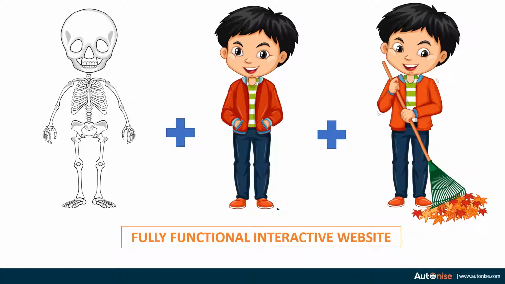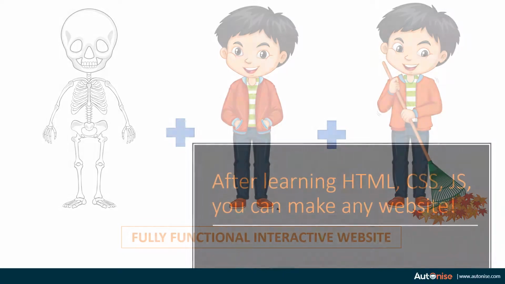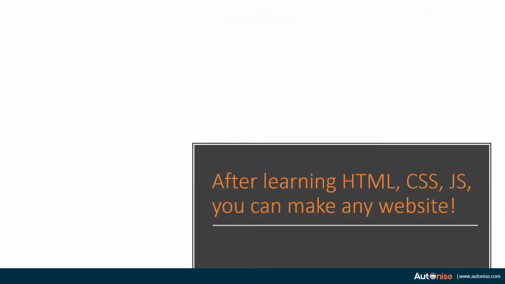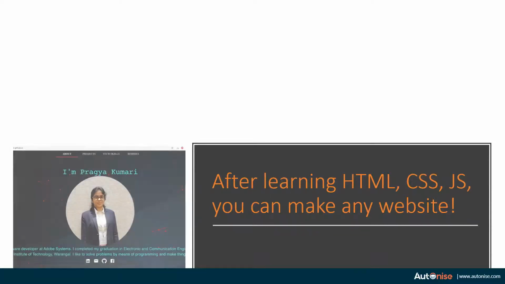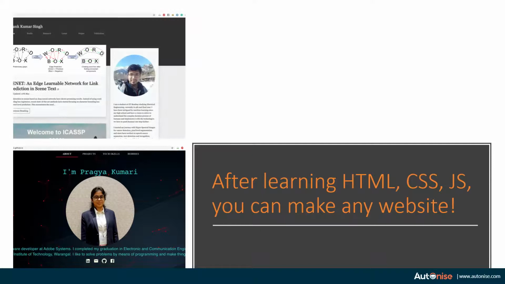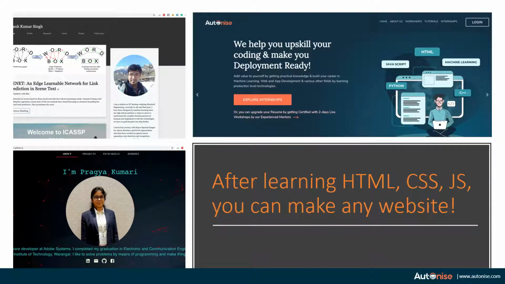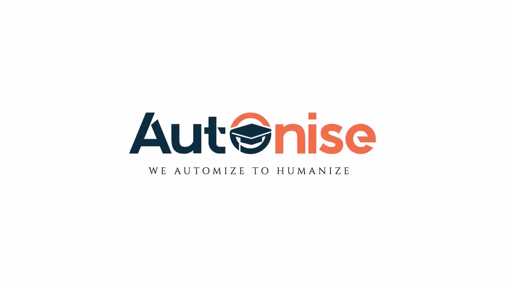When you have all of this, you have a fully functional interactive website. After you learn HTML, CSS, and JS, you can make any kind of website. So you will be able to create all kinds of websites after you are done with HTML.